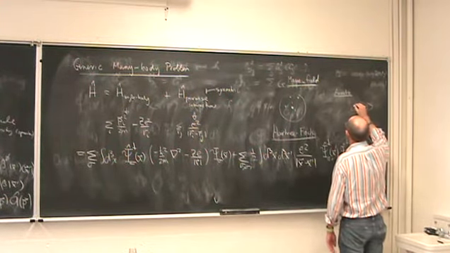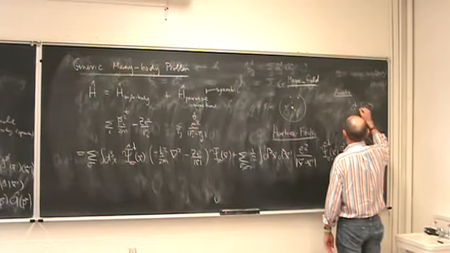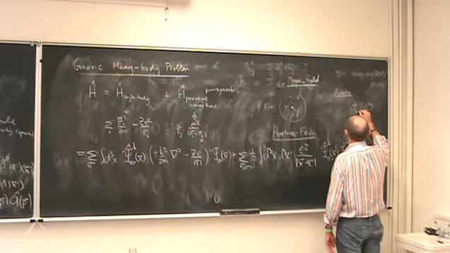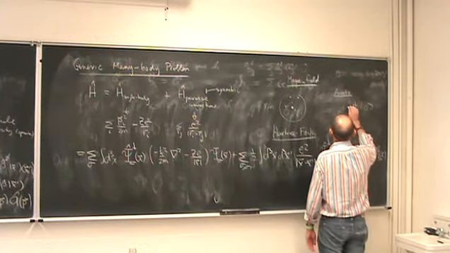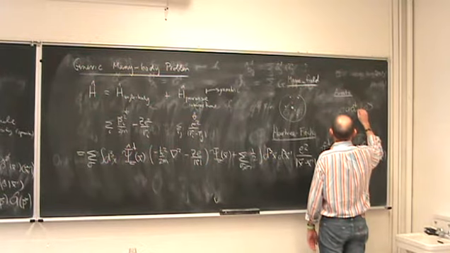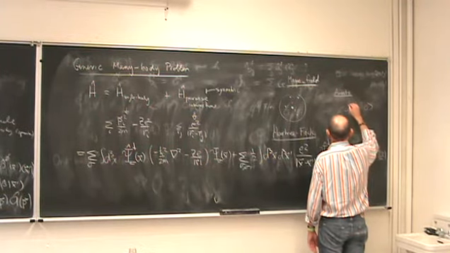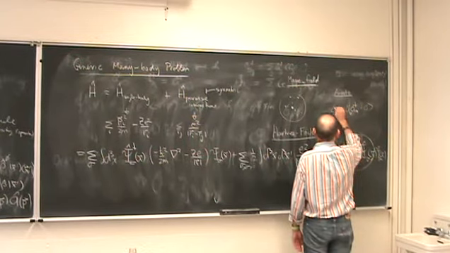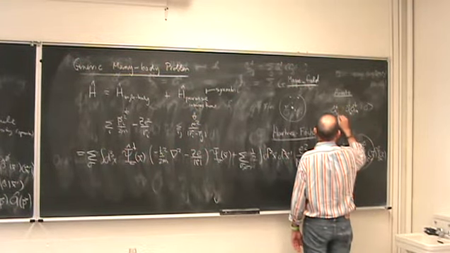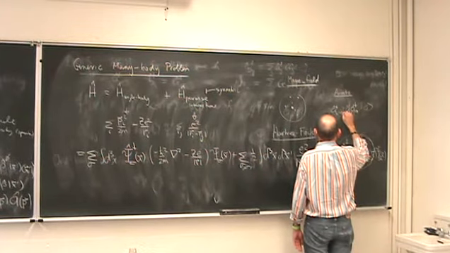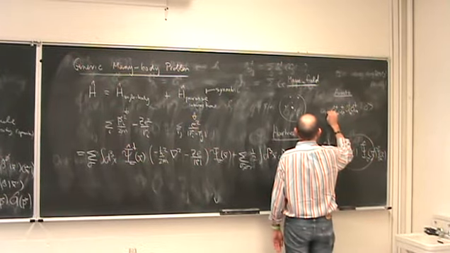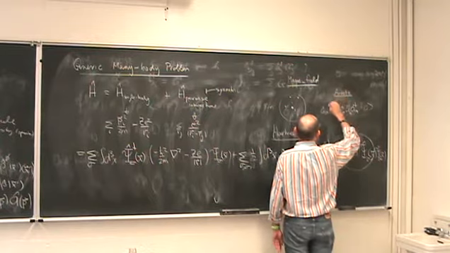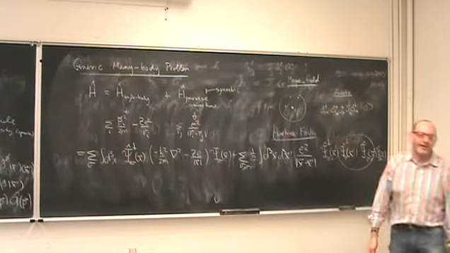I'm just going to fill them up with fermions. Let's just say I did this for, so this guy has 5 electrons, okay?